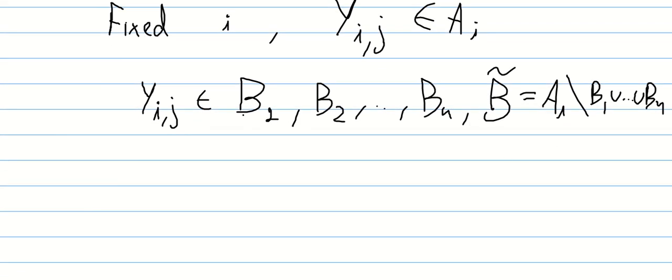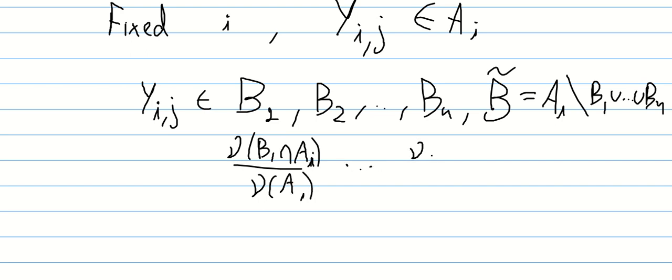How is this being chosen? So this is chosen with probability nu of B1 intersect A_i over nu of A_i. The last one is chosen with nu of Bn intersect A_i over nu of A_i.